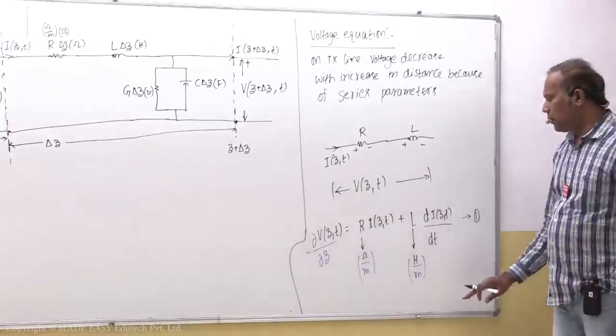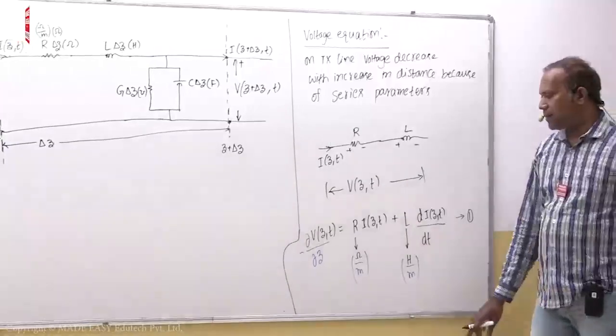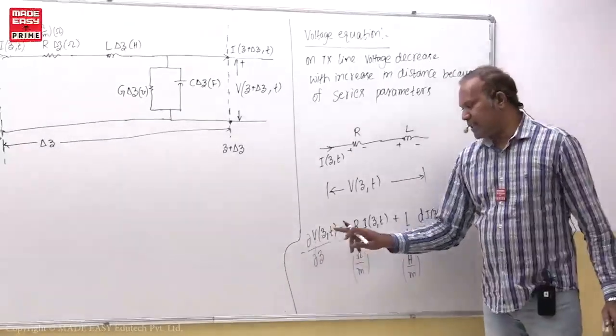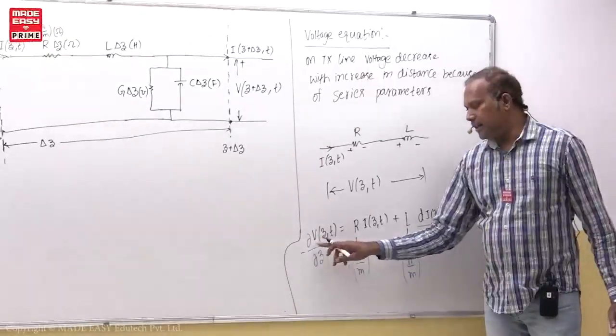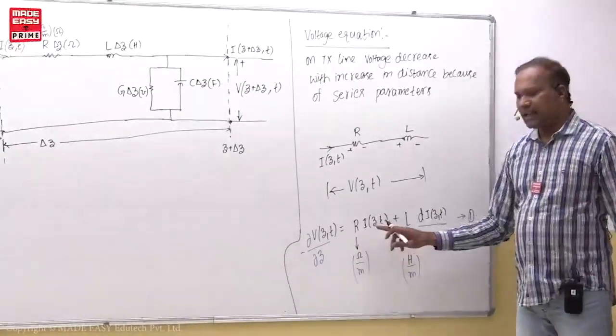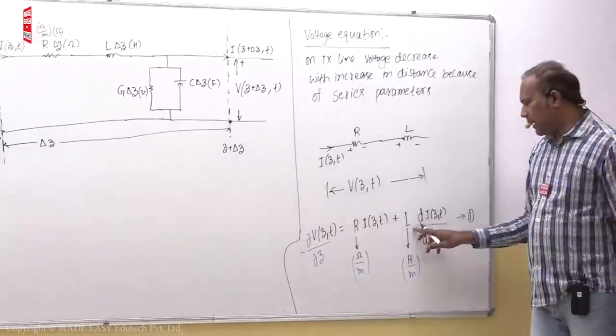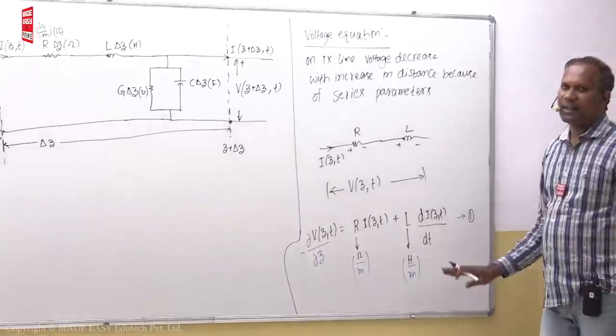So this is the time domain. In the phasor domain, the equation becomes minus dVs by dz equals R into Is plus L into j omega Is, where Vs is the steady state voltage and Is is the steady state current.